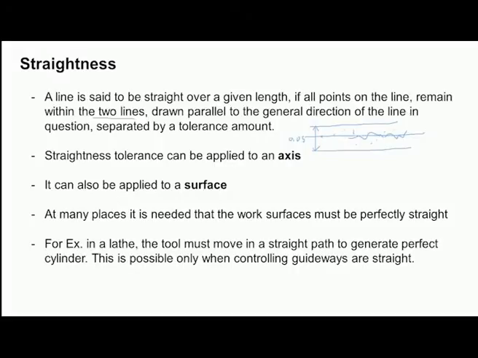We can see when the tolerance is applied to an axis, say we have a cylindrical object like this, and this is the axis, and the diameter varies from 12 to 12.5.